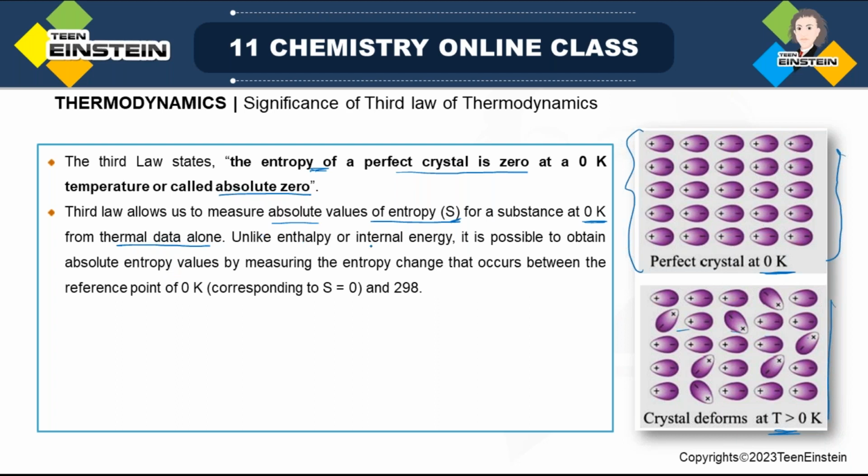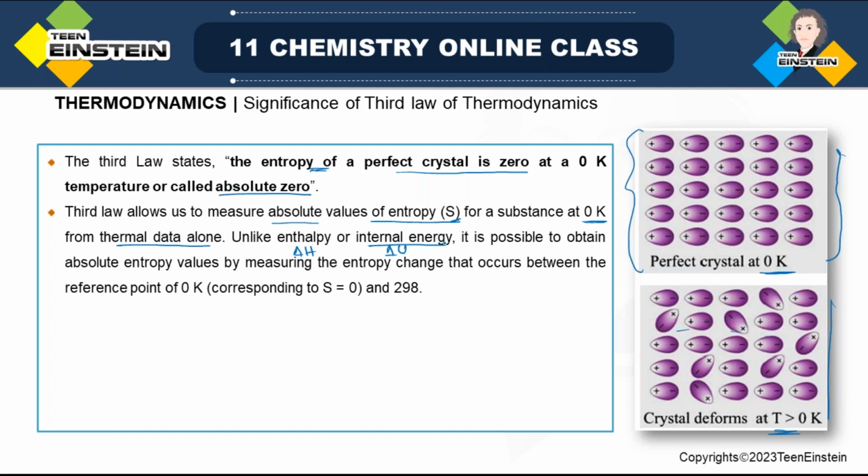Unlike enthalpy or internal energy change, that is enthalpy change is del H, internal energy change is del U, in case of enthalpy or internal energy, you cannot get the absolute values of H. Suppose for state 1 or 2, H1, H2, or internal energy U1, U2, that we cannot find.